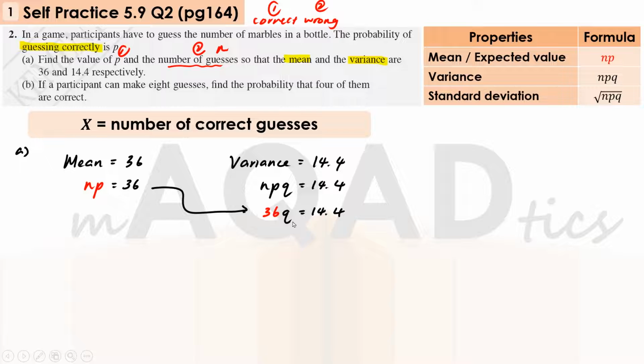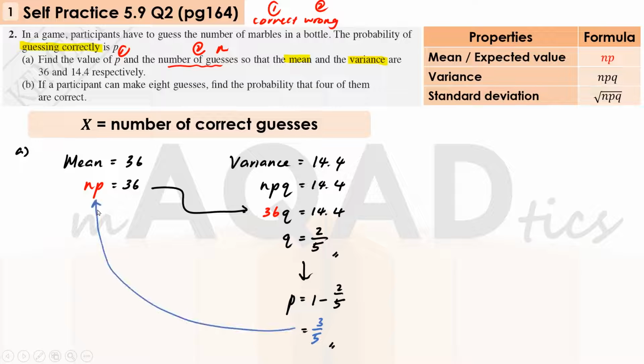Once substituted, we can find the value of q by moving 36 to the other side, which is 2 over 5. Okay, so this is not the unknown that we want, but it's okay because q and p have a relationship, right? p is the success probability, and q is the failure probability. When you add them together, it equals 1. So to find the value of p, we just do 1 minus the failure probability. So our p is 3 over 5. And once we have p, we can substitute back here and find the value of n, which is 60.